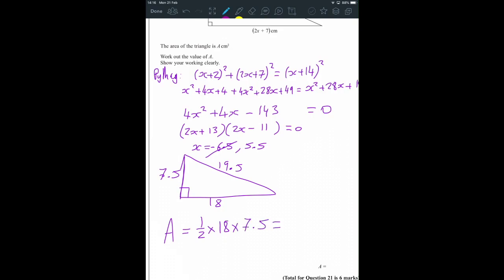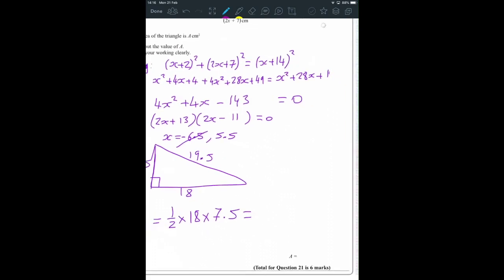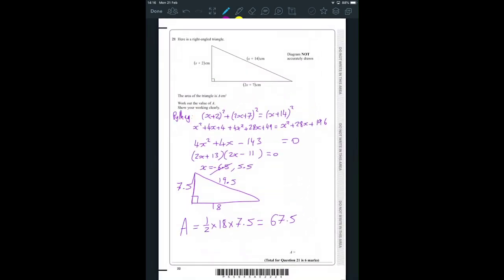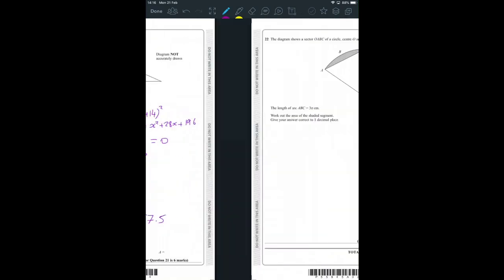So a final simple calculation to get the job done, and my area is 67.5. Quite a difficult question, but on very simple concepts. Quadratics and Pythagoras are relatively middle level difficulty for one of the last questions in the paper.